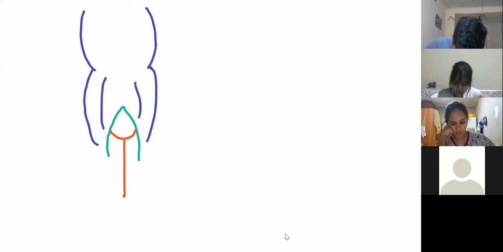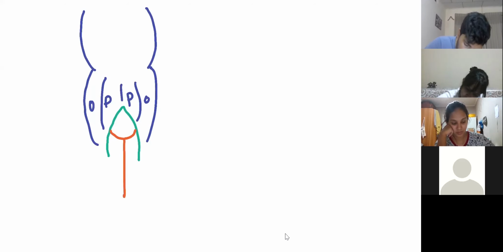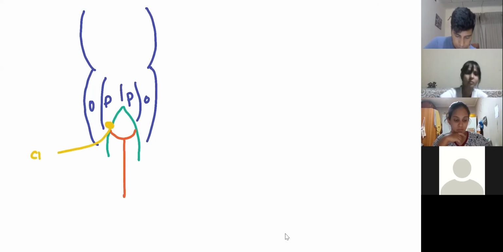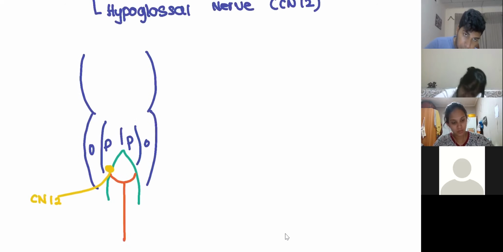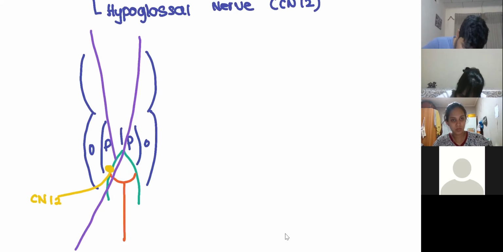Remember this structure? Remember I told you cranial nerve 12 leaves from this area. That is the hypoglossal nerve. And also remember, this is where fibers of the corticospinal tract come and cross. Somewhere here, they cross.